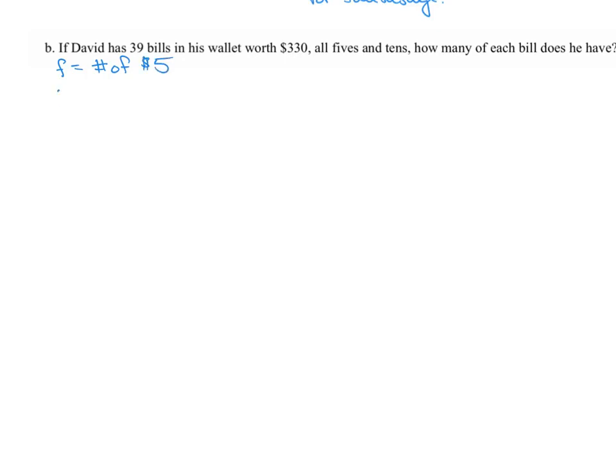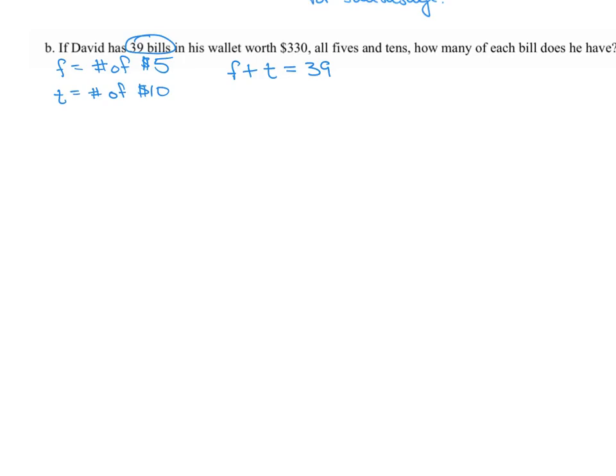And I'm going to let T equal the number of $10 bills. So the first thing we have is, I know that we have 39 bills. So my first equation is going to be the number of 5s plus the number of 10s is equal to 39.